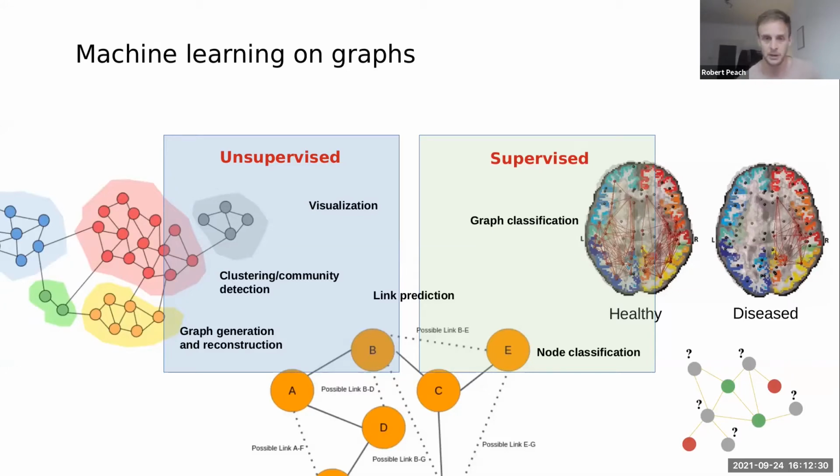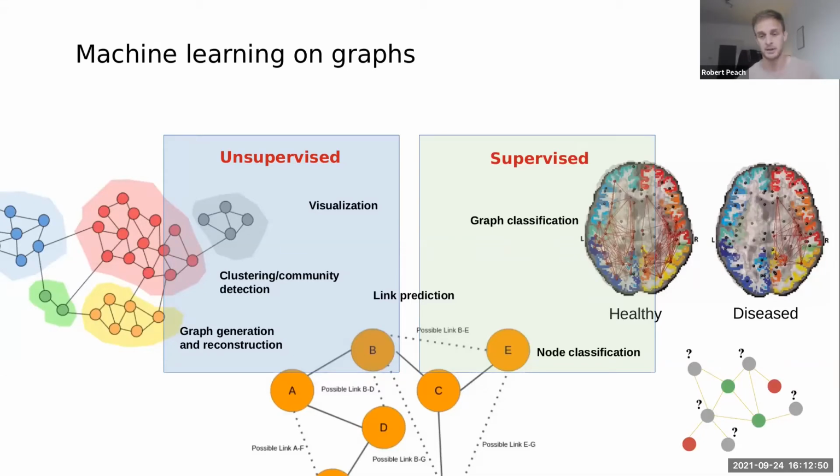It might be that we want to do graph classification. So we have lots of graphs and we have the ground truth of each class. For example, with a brain network, we might have healthy and diseased, and we want to classify new networks that we haven't seen before based on whether they're healthy or diseased. But equally, we could also do node classification.